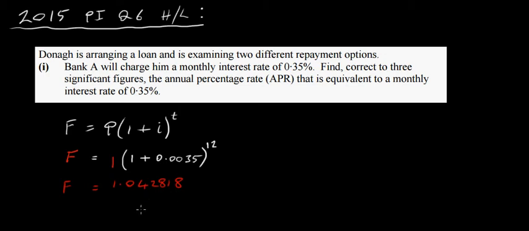So in other words, our actual rate for the year then would be 4.28%. This is our APR. Remember, we use APR when we talk about loans, our annual percentage rate. So this is our yearly rate, and 0.35% was our monthly rate. Okay, so let's move on to the next part of this question.